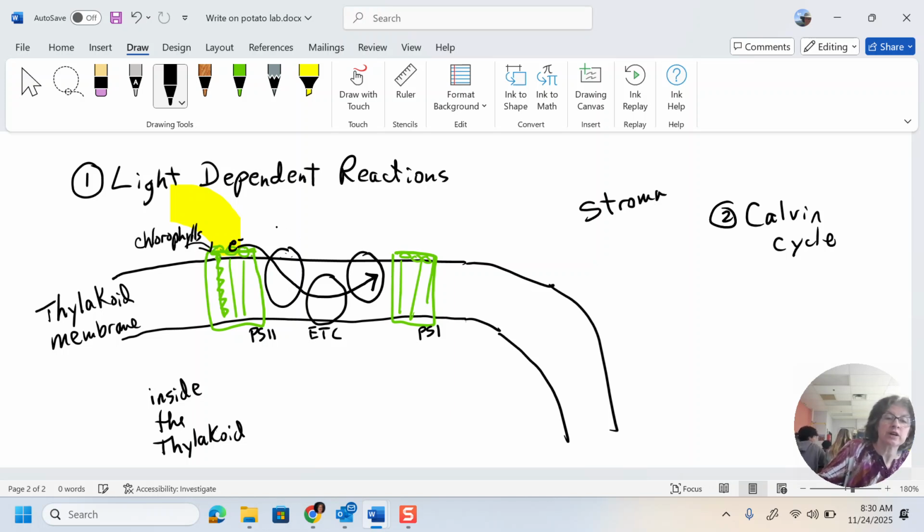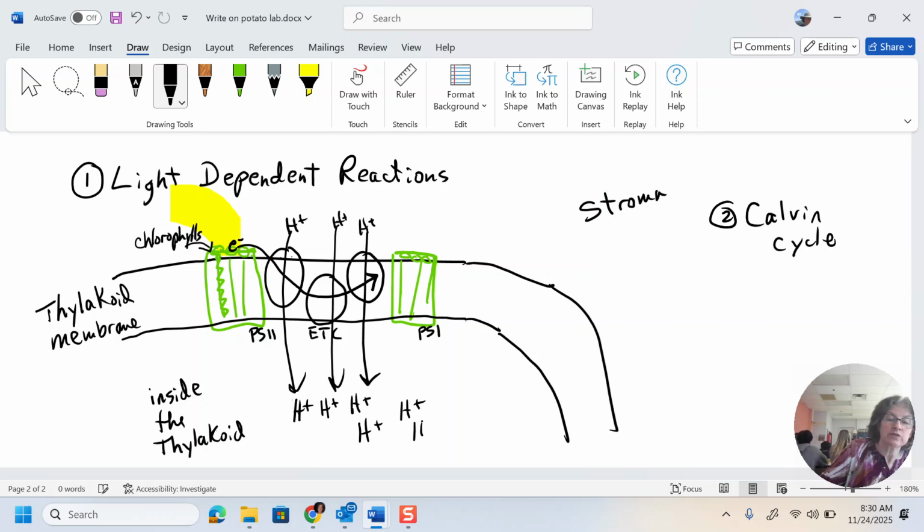So hydrogen ions are once again going to be pumped across a membrane as a result of electron flow. And we're going to build up a proton motive force, just like we did in the mitochondria. So there'll be a whole bunch of hydrogen ions in here. That thylakoid space fills up with protons.